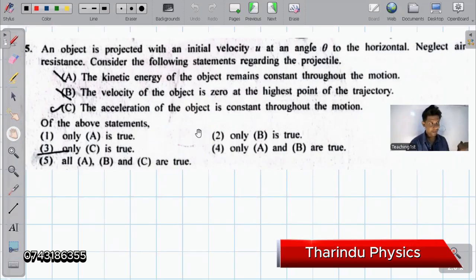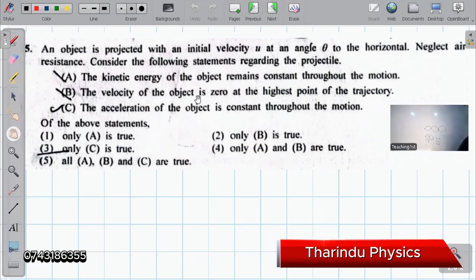Last year it came, and the year before. This question definitely comes every year and triggers you. The kinetic energy of the object remains constant throughout the motion? No, definitely no. Only the horizontal component remains; in the vertical component, with the high velocity, it just drops. So no need to go to the whiteboard. It is a very verbal question.